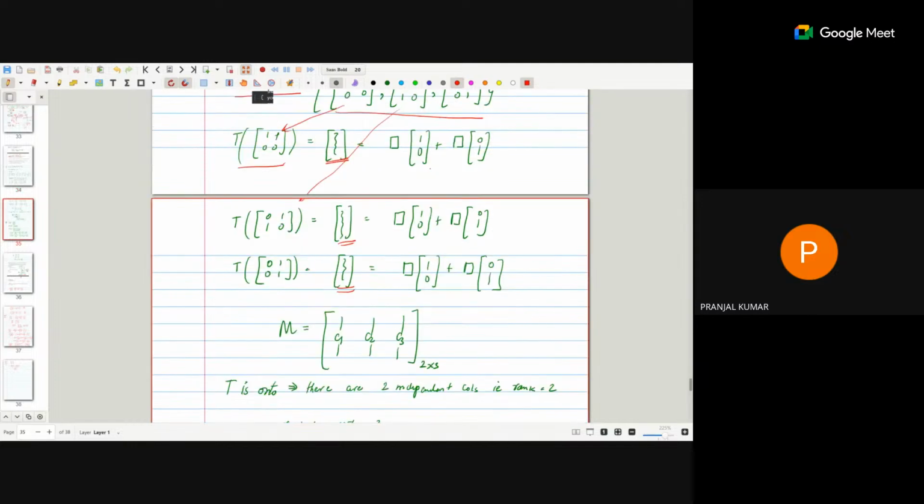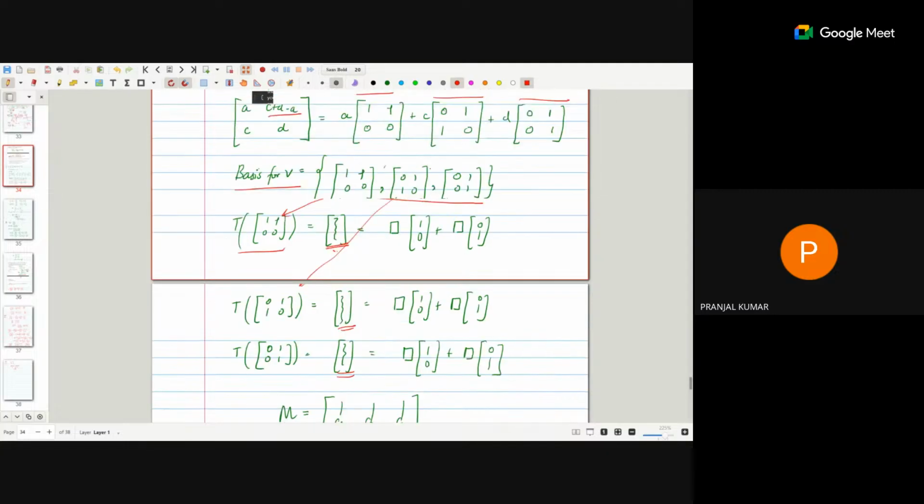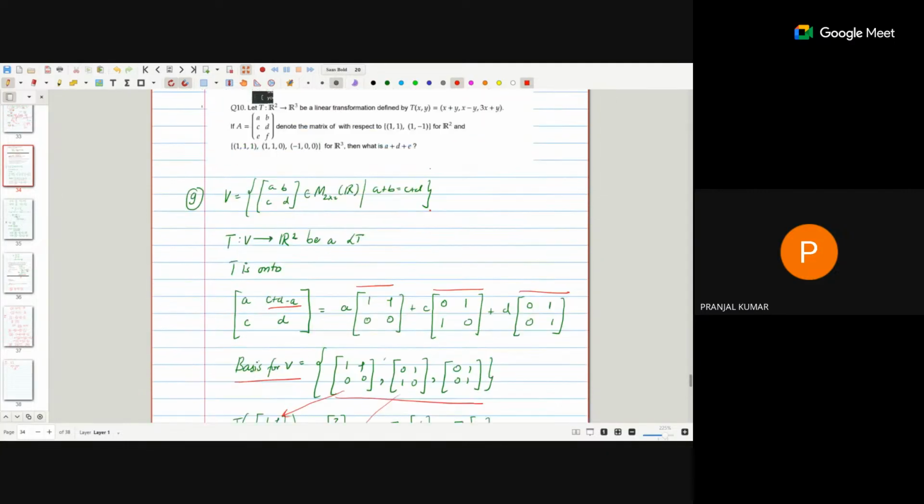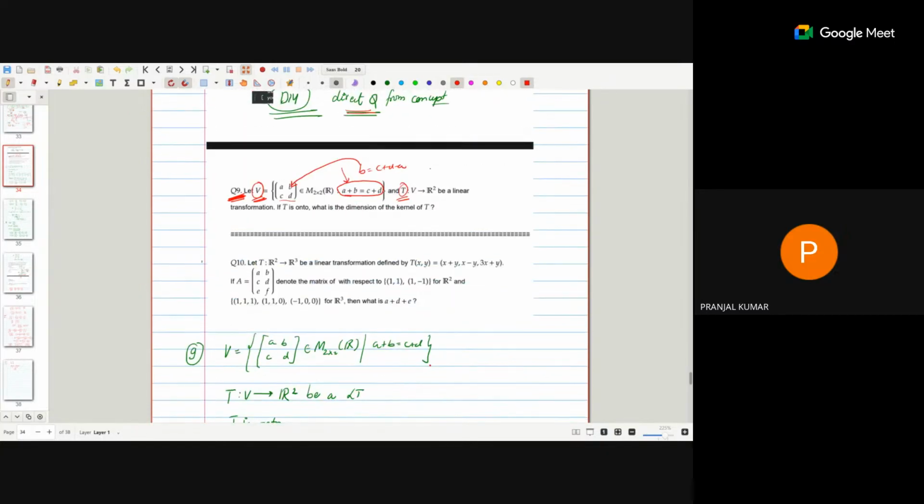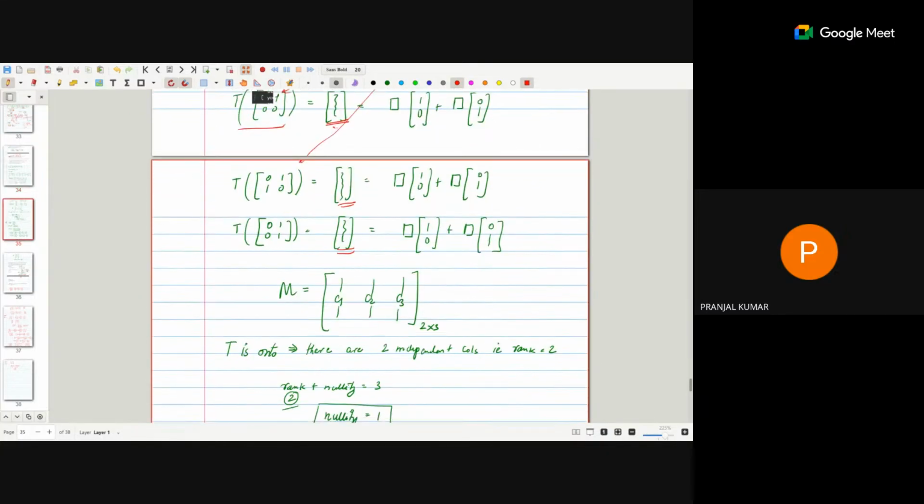But just to show you, now this would be expressed as a linear combination of basis vectors for your codomain. What is your codomain? Codomain is R2. So expressed as a linear combination of 1 0 and 0 1. So the matrix will be a 2 cross 3 matrix. Yes or no? Although we could have directly written it from here only.